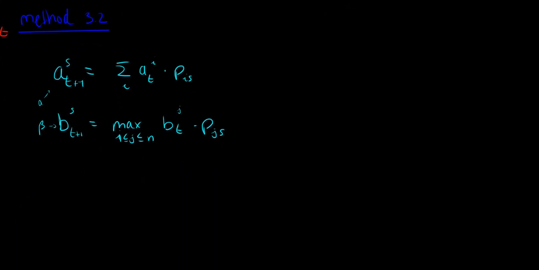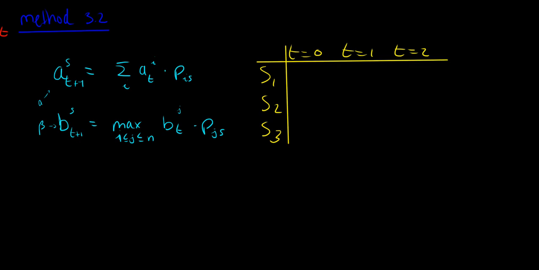And this will result in a little bit different table. If we construct the table quickly, we get S1, S2, S3. We get T is 0, T is 1, and T is 2. If we look at the maximum values, we start with the 1, 0, 0 again. Then the second column is still the same, of 0, 0.6, and 0.4.